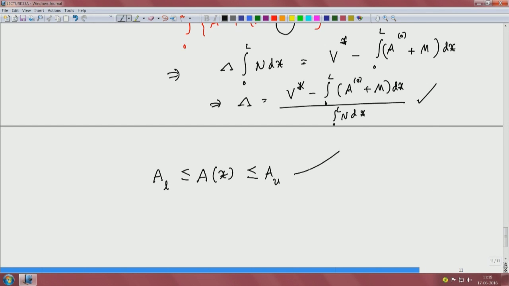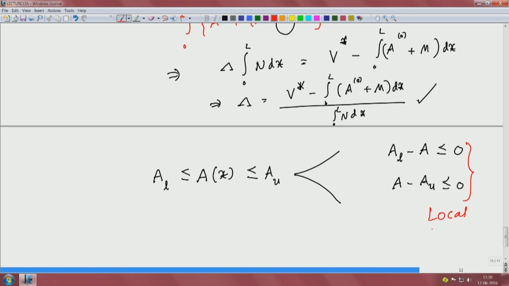In fact, in this there are two constraints. Since we always write everything in the form of less than or equal to, A_L minus A less than or equal to 0, and A minus A_U is less than or equal to 0. These are local constraints, right, because these are function type constraints.